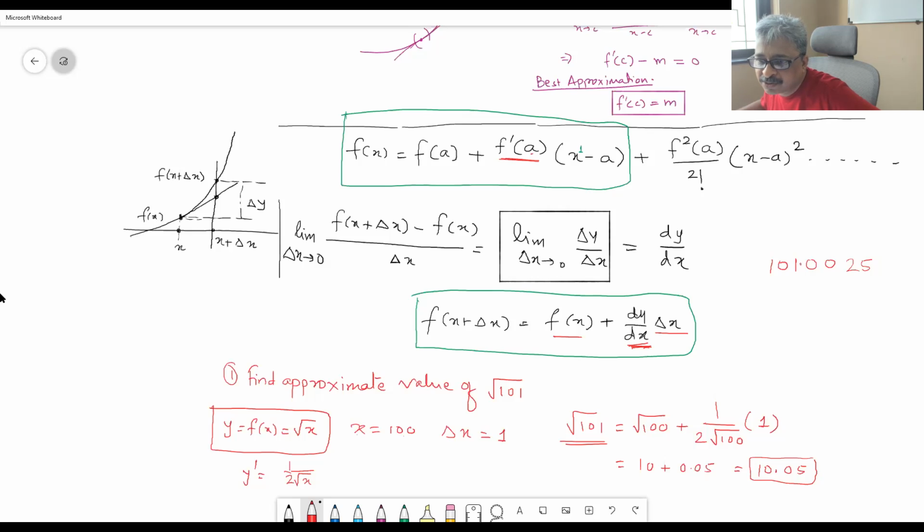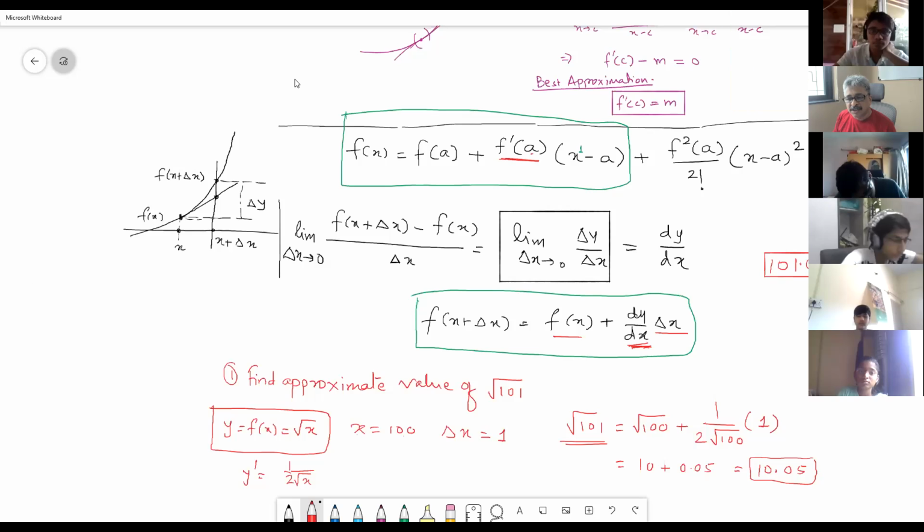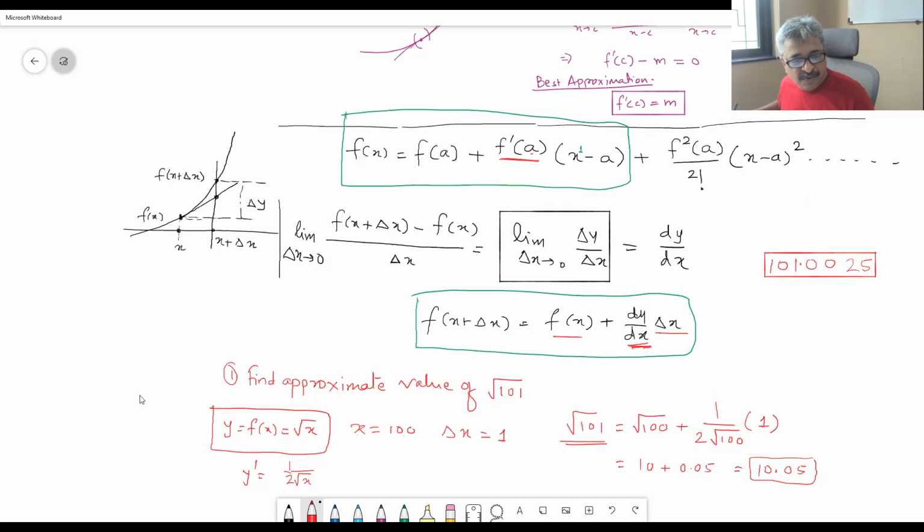Do you realize this is the square of 10.05, which is almost equal to 101? Are you understanding the procedure of approximating? Yes or no? Yes. So first, the most important thing in this is to decide the function and fix these values x, delta x, and do some calculation and get the approximate value.